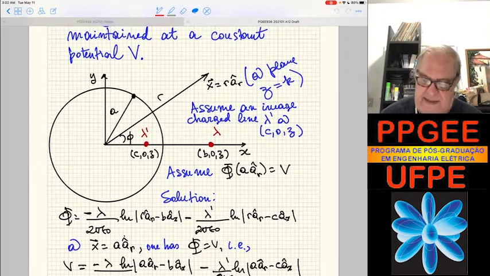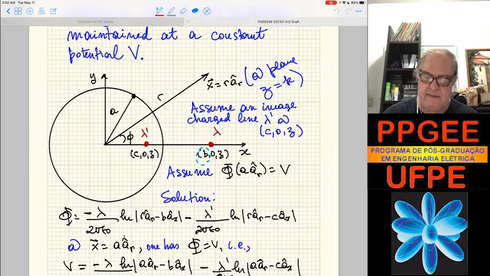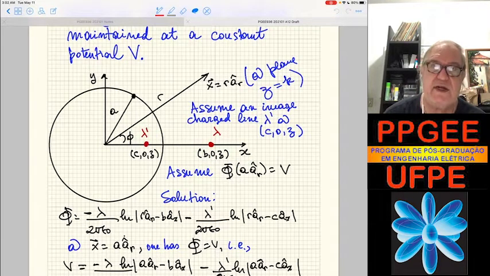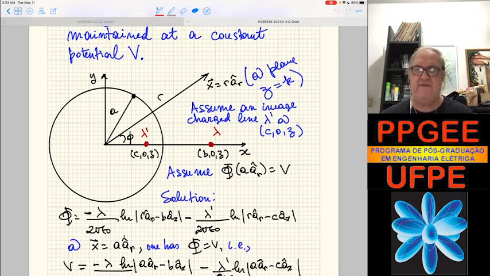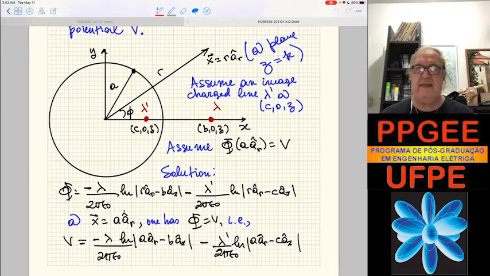Again, let's place the straight charged line, with a density of lambda, at a distance b on the x-axis, and the image is going to be lambda prime, linear density of charge, at location c. Same terminology as the spherical surface. Well, we already did this work.